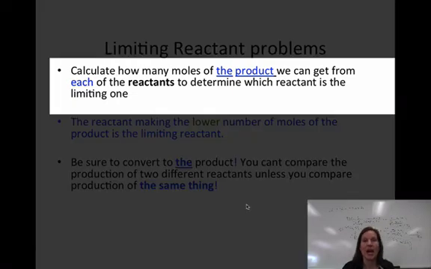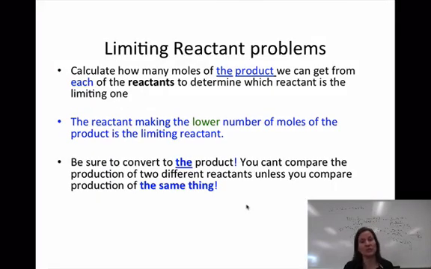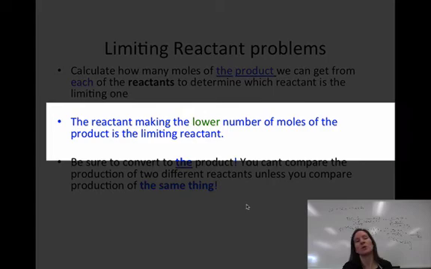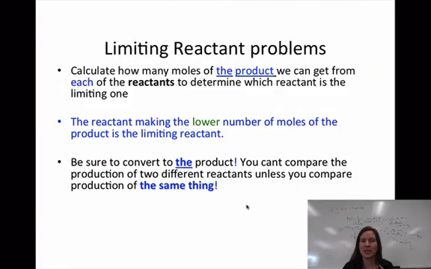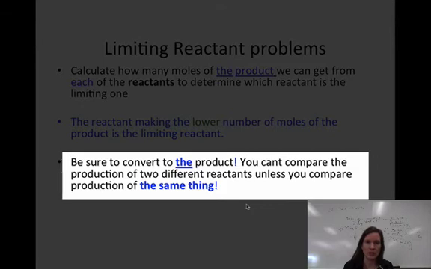Step 1 is to calculate how many moles of the product you can get from the 2 reactant numbers that are given to you. Once you get those 2 mole numbers, you have to compare them. The lowest mole number will be the amount that can be produced, and that will be based on your limiting reactant.